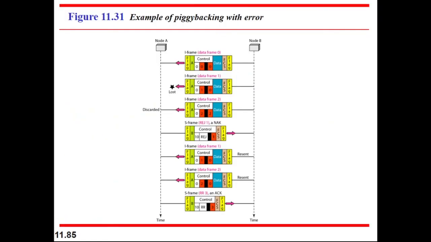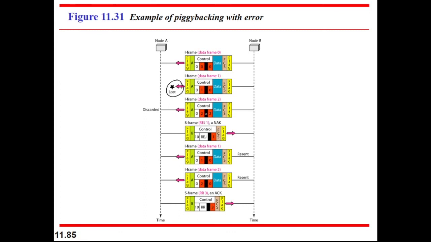Okay, so this is piggybacking with error. Piggybacking with error means you can send the NAK number also. This is NAK. If there is any rejection going on, suppose these frames are passing, and the acknowledgement is passing from node B to node A, but data is lost here. The frame is lost here.